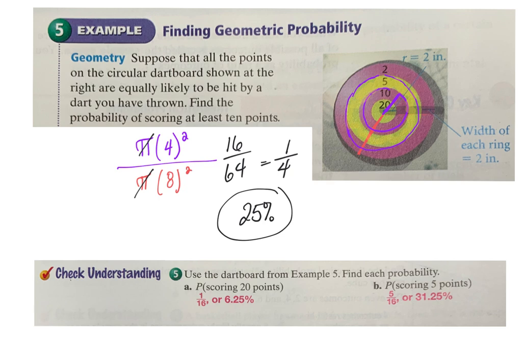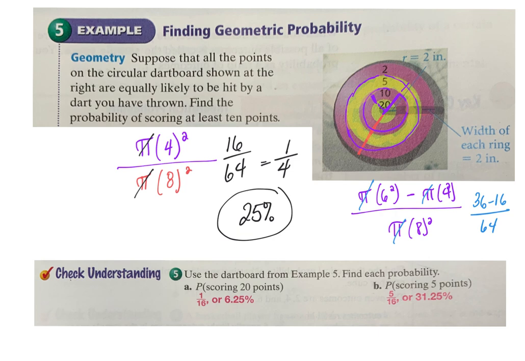And so to do that, I have to take the pi, and it's 1, 2, 3, so 2, 4, 6, pi 6 squared, pi r squared, and I'm going to subtract out these 2, so pi 4 squared over the whole thing. All right, my pi's will still cancel, so I end up with 36 minus 16 over 64. Which is going to give me my 5 over 16.